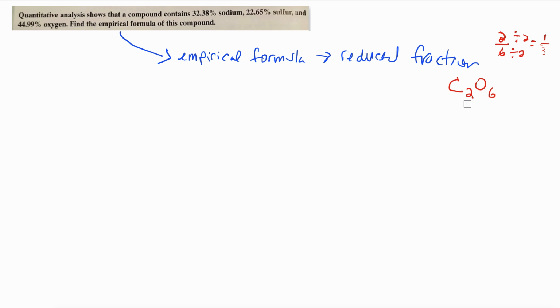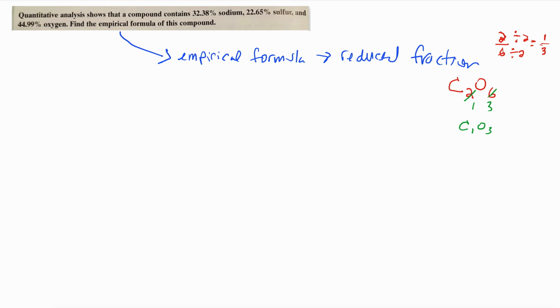Okay, cool. So the empirical formula for C2O6 is C1O3. But you don't actually have to write the 1 there, but you can.